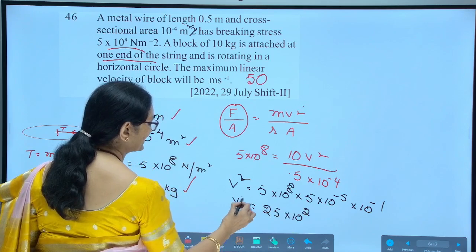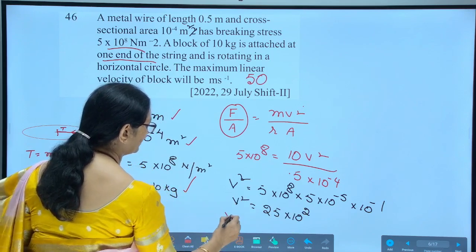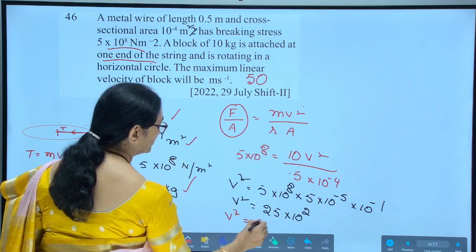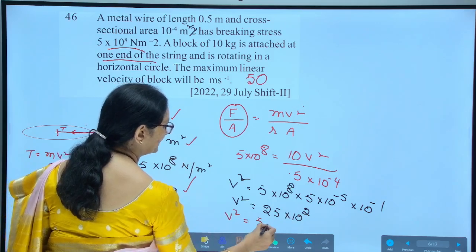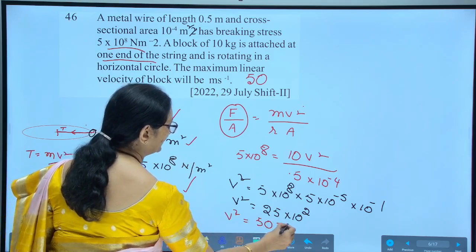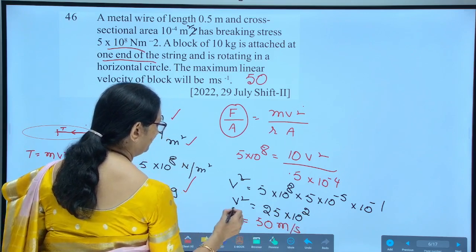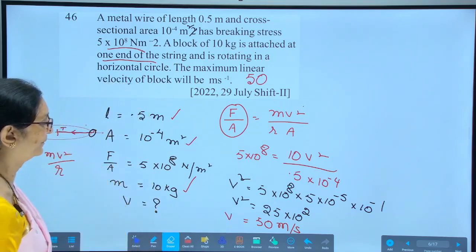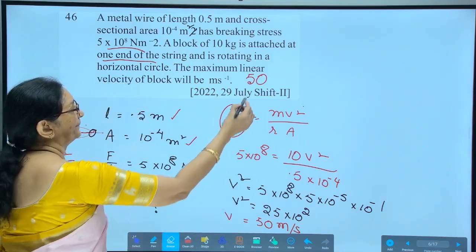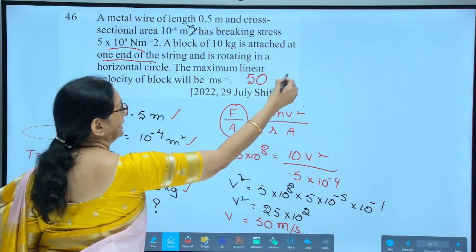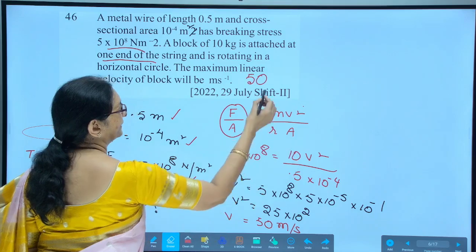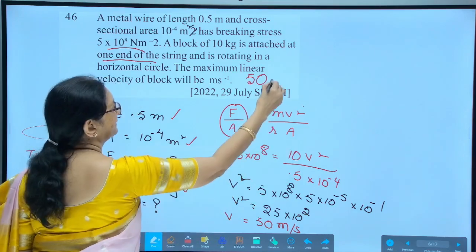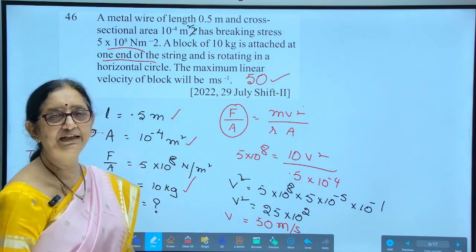That is v square. So v is equal to root of 25 into 10 square; root 25 is 5, root 10 square is 10. So the answer is v equal to 50 meter per second. So this is the correct answer for that problem.